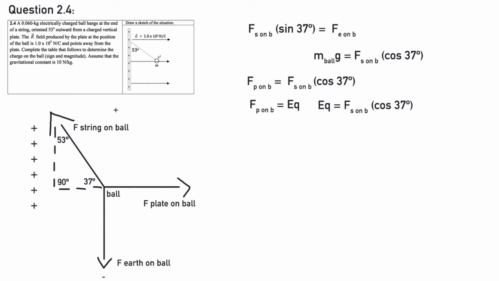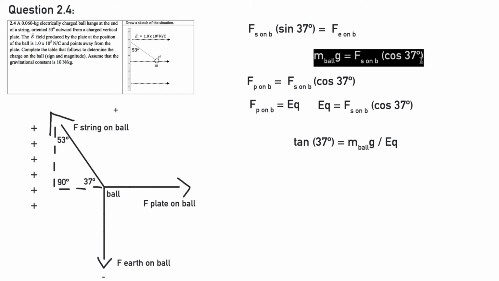Based off that, we know that tan 37 degrees is going to equal y over x, opposite over adjacent. In this case, the opposite would be the y component of force string on ball, which we calculated right here, equal to force string on ball sine 37 degrees, and over here we calculated the x component, which is force string on ball cosine 37 degrees.